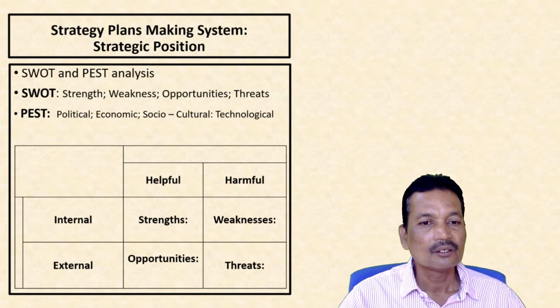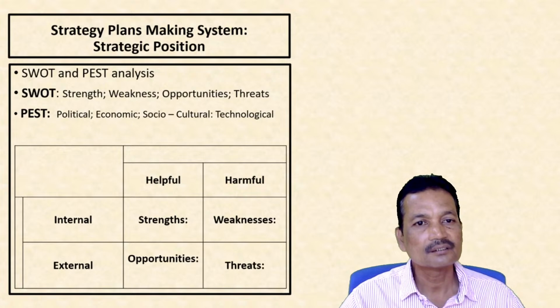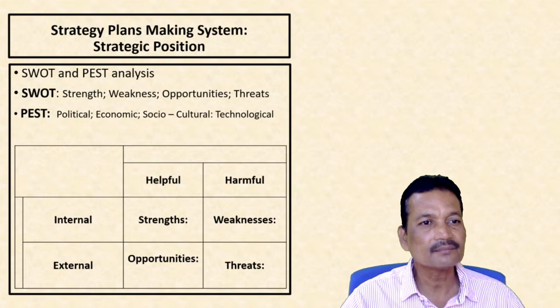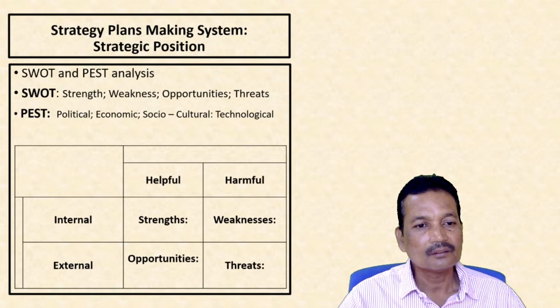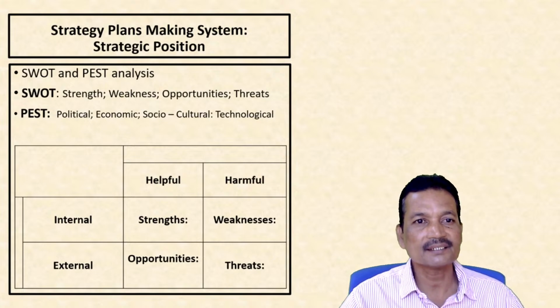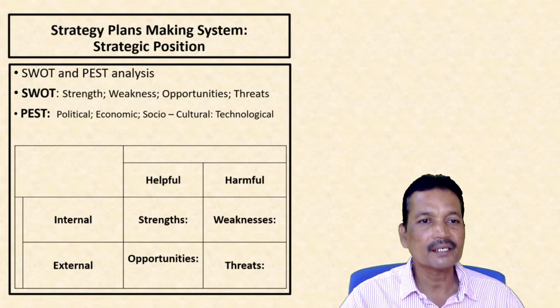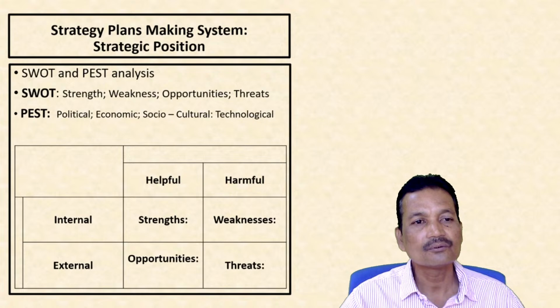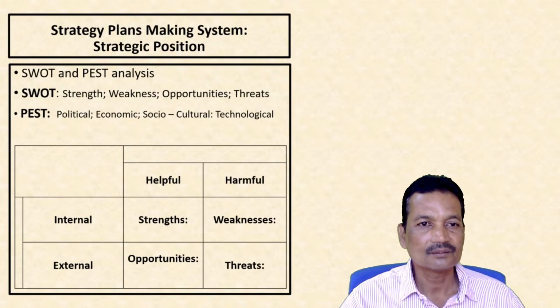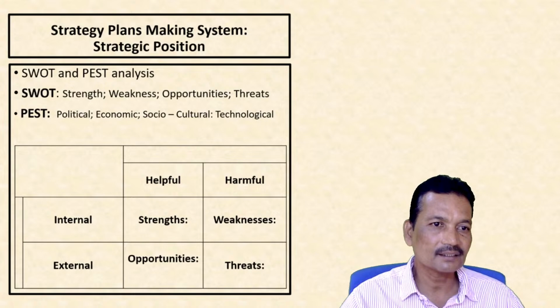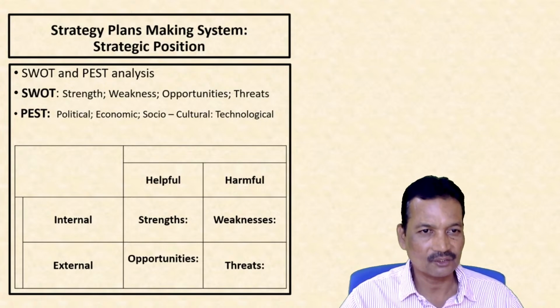Now, we are moving into looking at some of the tools or techniques that we shall be using. When we are looking at the strategy plans making system, that means in which position we are in, we use two kinds of techniques. One is the SWOT analysis: strength, weakness, opportunity and threat.